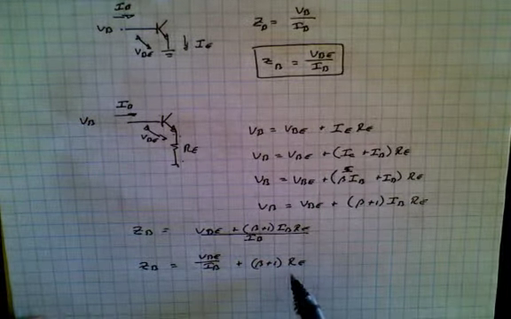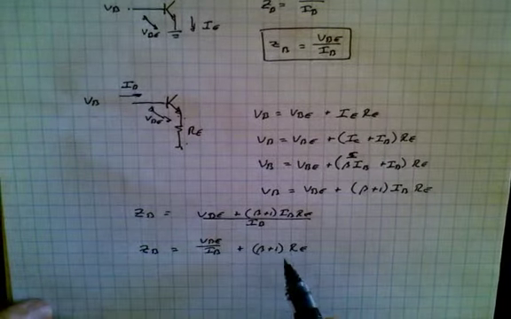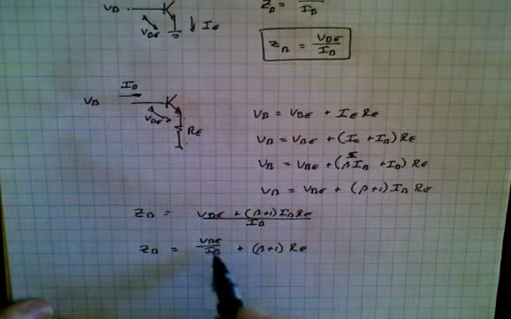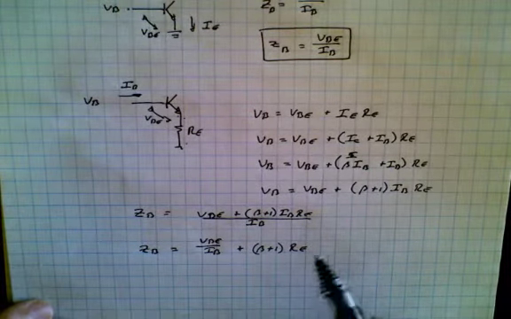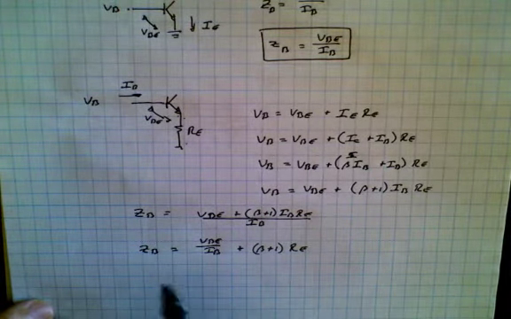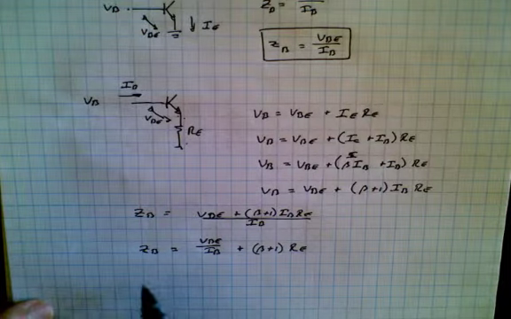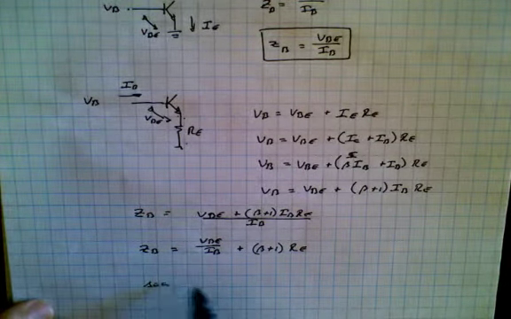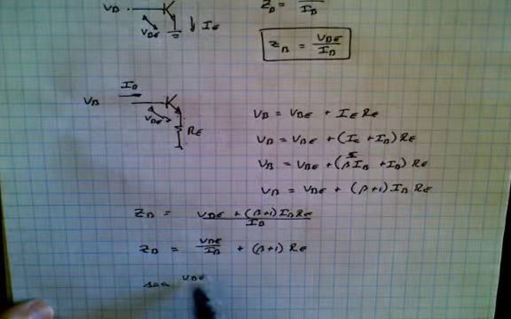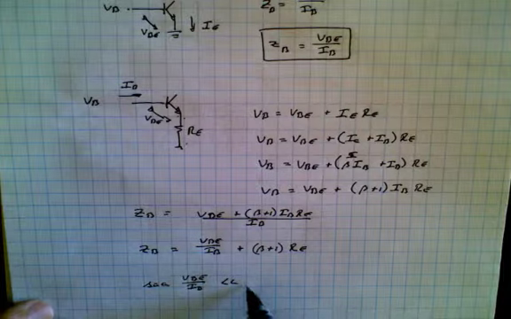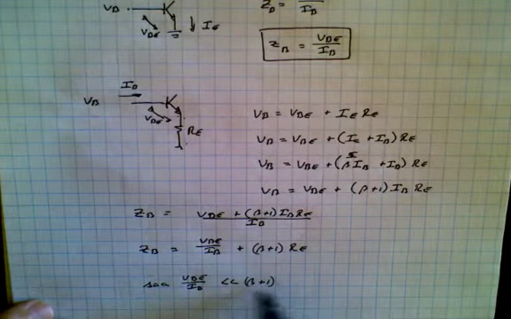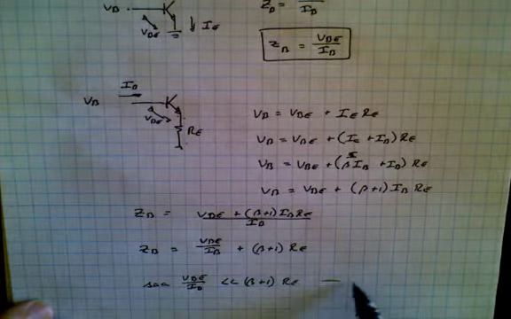Now, most textbooks at this point will come along and simply state, we can sort of forget the original input impedance, because it's relatively small compared to beta times RE. So most textbooks will simply say, since VBE divided by IB is much, much less than beta plus 1 times RE, ignore it.